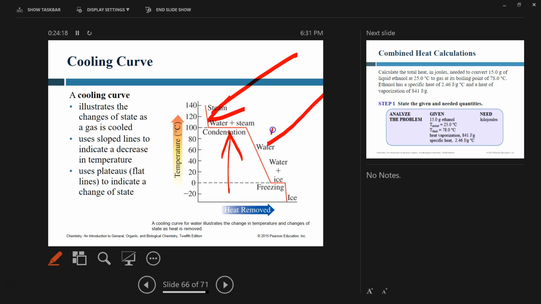When water cools down, it remains water until it starts to freeze. And then when it freezes, it becomes ice, and you can cool ice down all you want. It will remain ice. Does that make sense? So horizontal lines represent essentially change of state. Diagonal lines represent either heating or cooling. Am I clear?